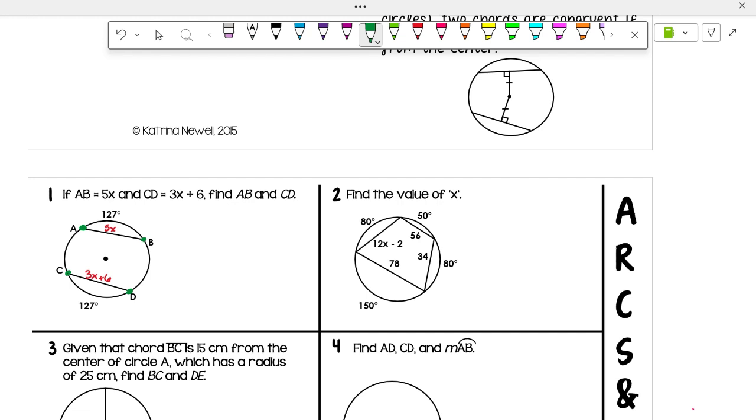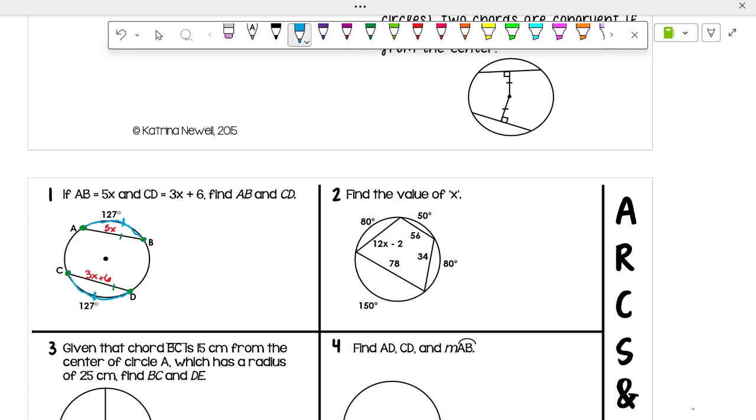They're going to be congruent. Why are they congruent? What clues us into that? Right. See these minor arcs right here? 127, 127. Since they are congruent, that means that the segments are congruent.